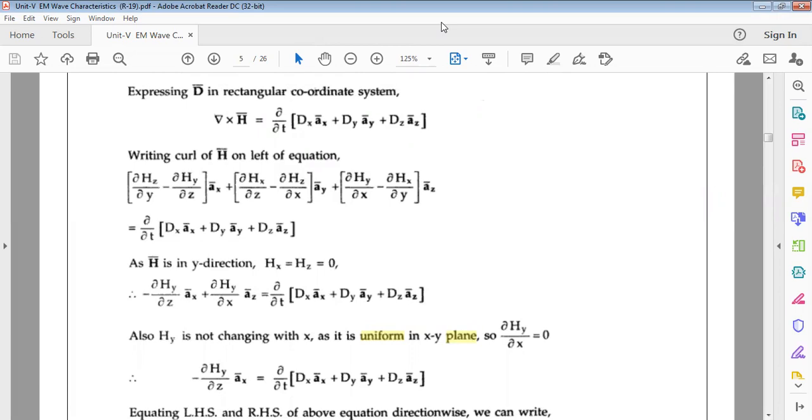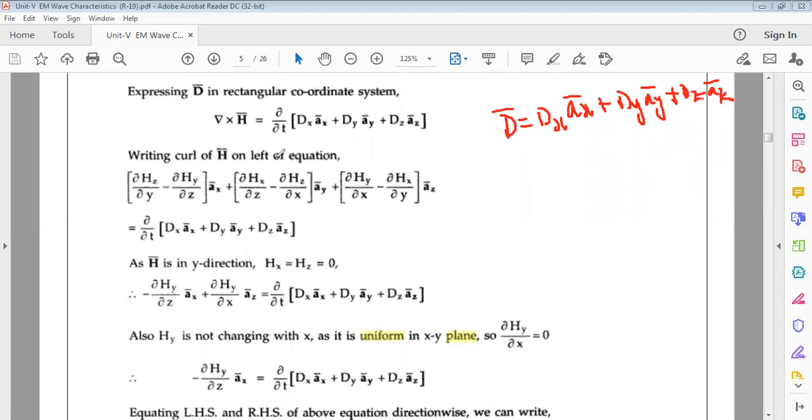So del cross H bar is equal to dou by dou t of this D bar replaced with the rectangular coordinate system.